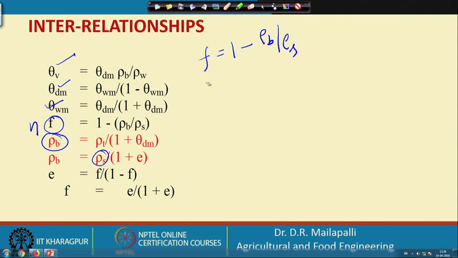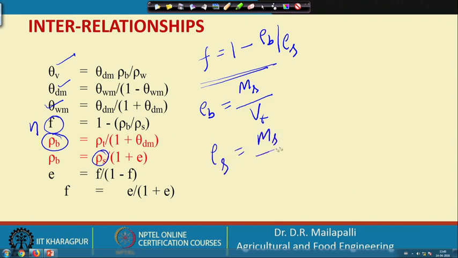How do we get these relationships? Rho b is the bulk density, which is mass, for example m s, divided by the total volume V t, whereas rho s is equal to m s divided by V s, the volume of solids.